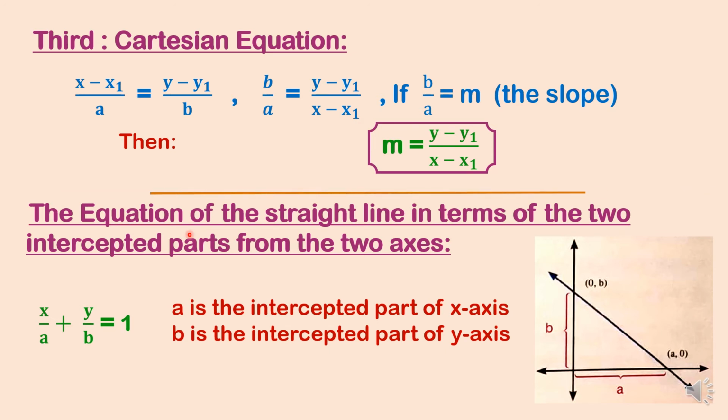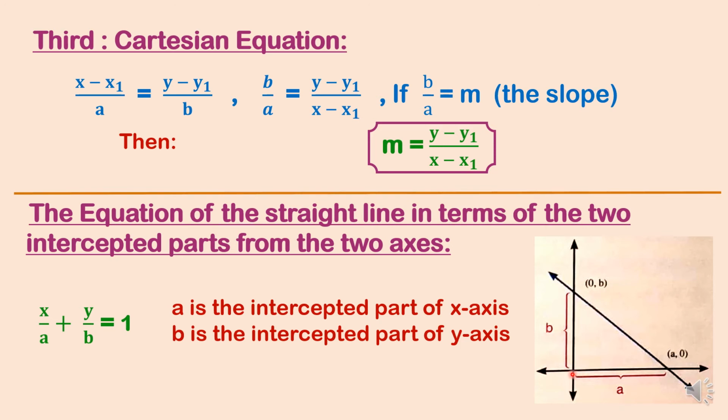Then we will study the equation of a straight line in terms of the two intercepted parts from the two axes. If we have the x-axis, the y-axis, and a straight line, and we need to find its equation: the straight line intersects the x-axis at point (A, 0) and the y-axis at point (0, B).